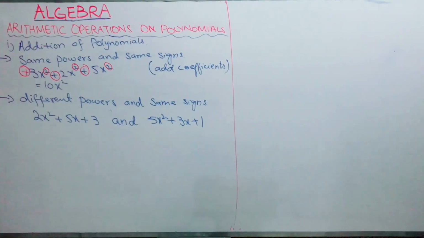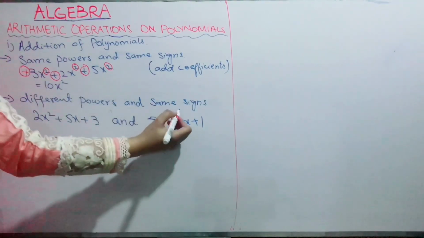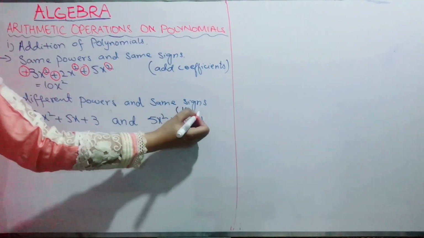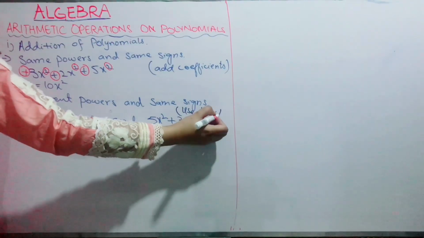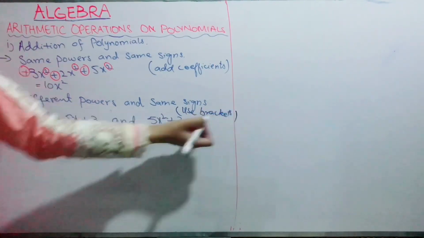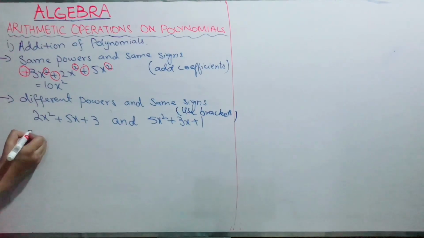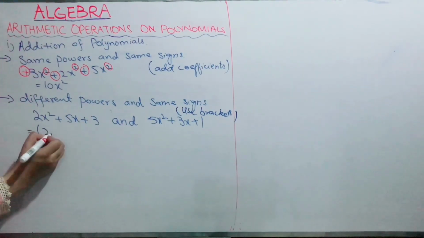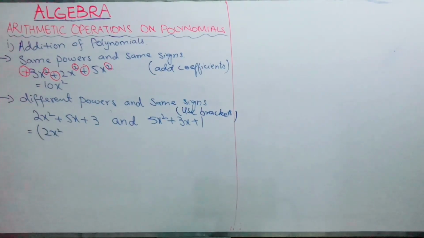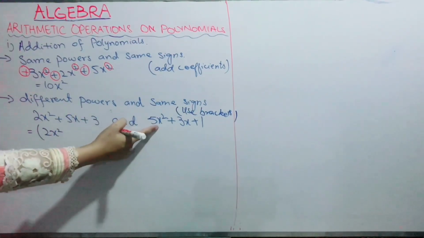For this case, use brackets. How to use brackets? You will put the same powers of expressions in the same bracket. Like 2x square, right? 2x square and here 5x square.